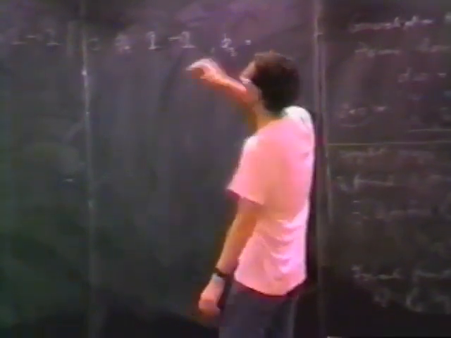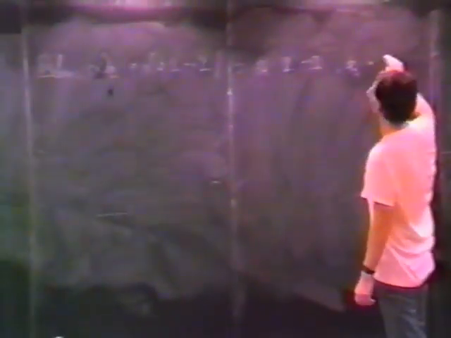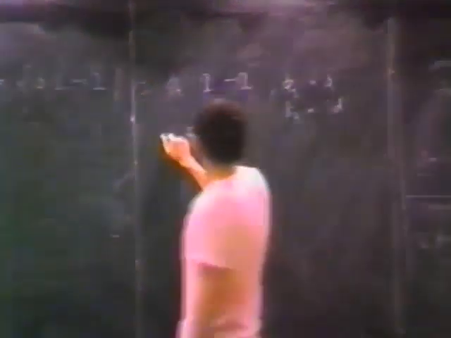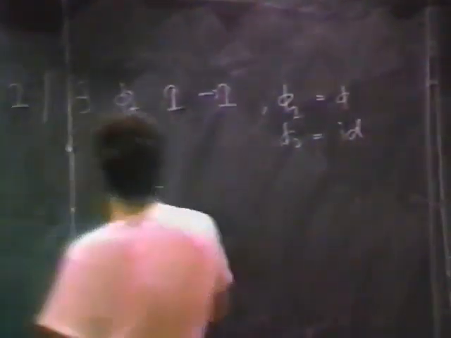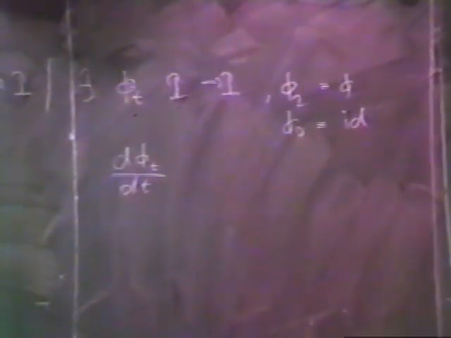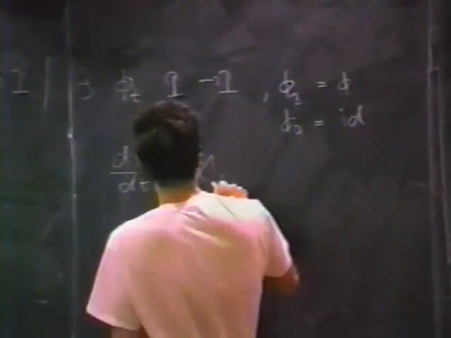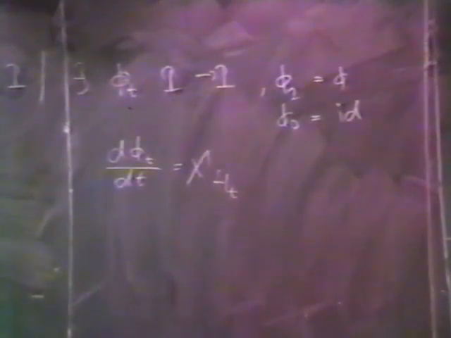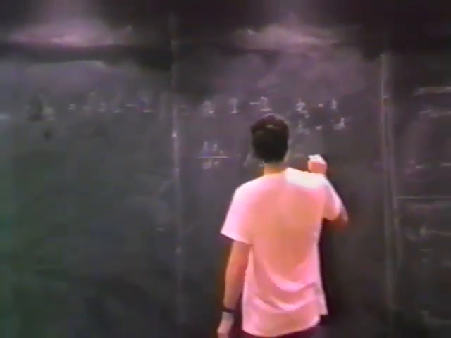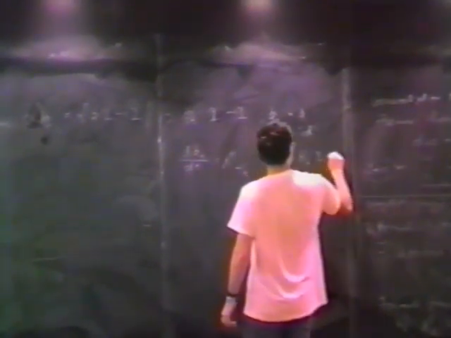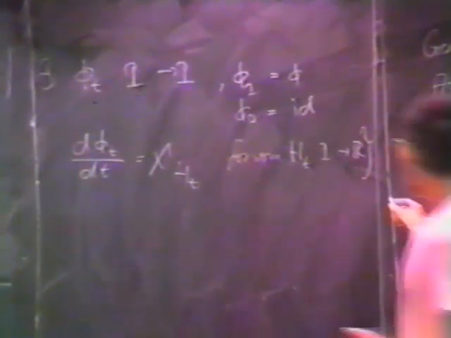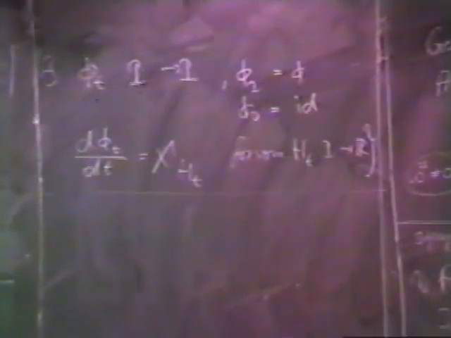So there exists a family of diffeomorphisms of P, so that phi_1 is phi and phi_0 is the identity, and so that d phi_t over dt for each t is a Hamiltonian vector field for some H_t from P. So that's a fairly large class of maps that I'm admitting here. They can be generated by any time-dependent Hamiltonian.